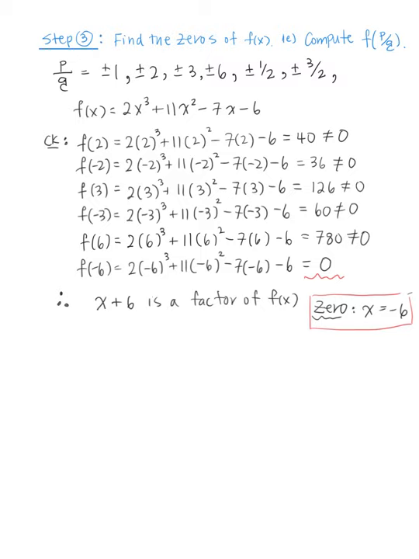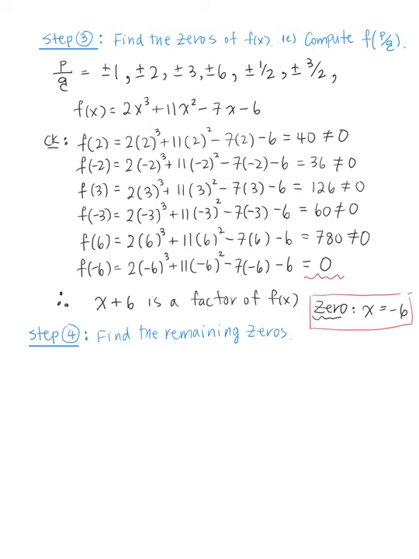Since x plus 6 is a factor of f of x, x plus 6 should divide f of x very nicely. To find the remaining zeros, I need to divide f by x plus 6. Here I think we can use synthetic division, so let's do it.